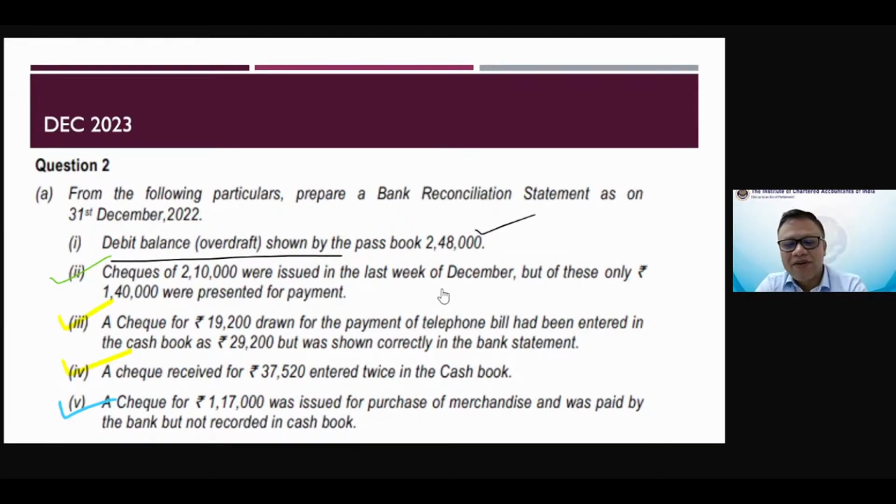The cheque is issued for purchase of merchandise and paid by the bank, but the cashier has not recorded it in the cash book. When you issue a cheque, you should note it in the cash book, but you have not done that. Ashu, what is your doubt?